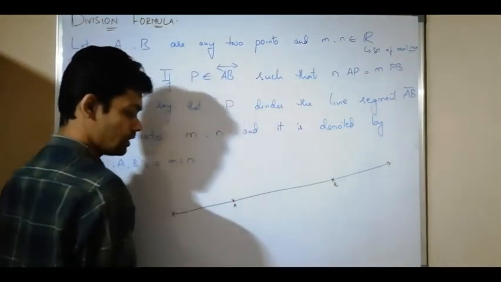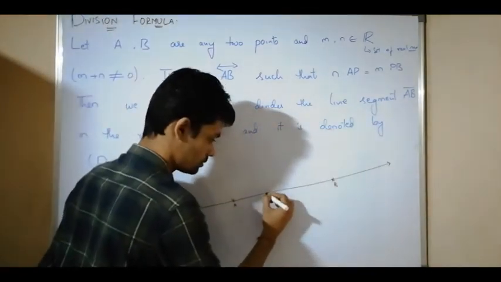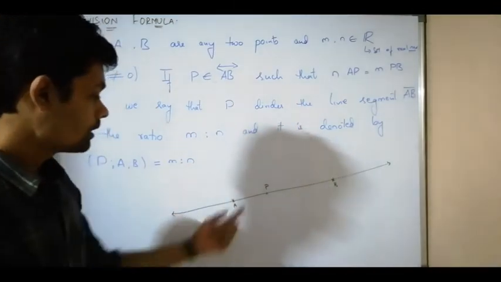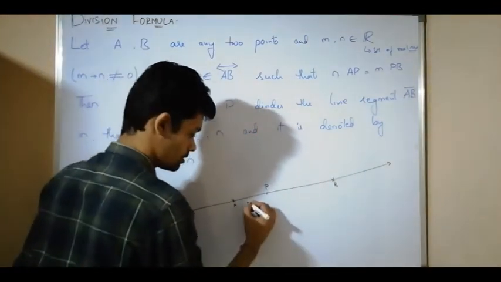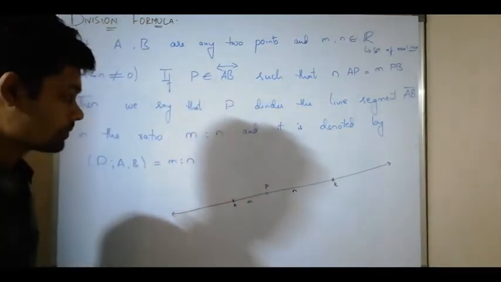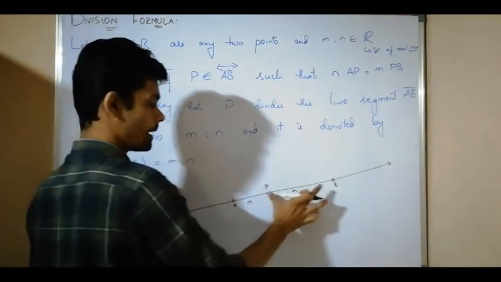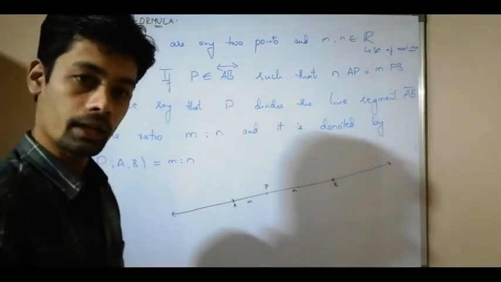Now if suppose P lies here, then there exist m and n such that the distance of AP by PB gives m by n.